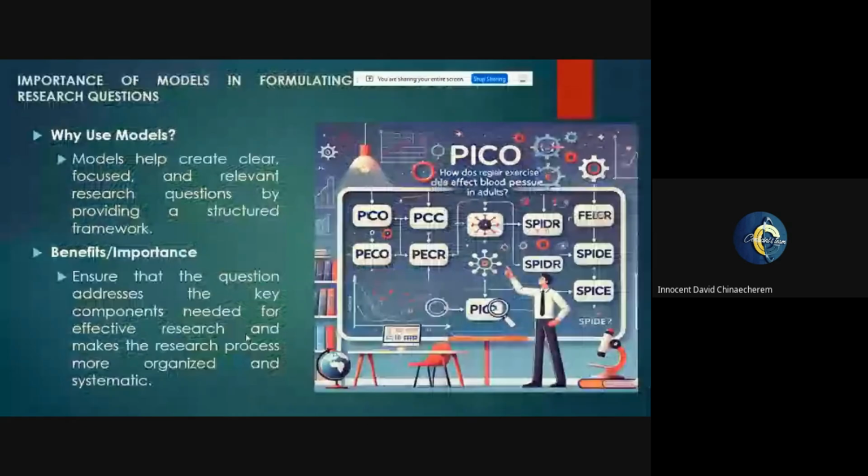So we started by explaining that models help us to create a clear, focused and very relevant research question by structuring and providing a very great framework for us. And some of the benefits is that it makes the key components of our research questions very clear and makes it very systematic.